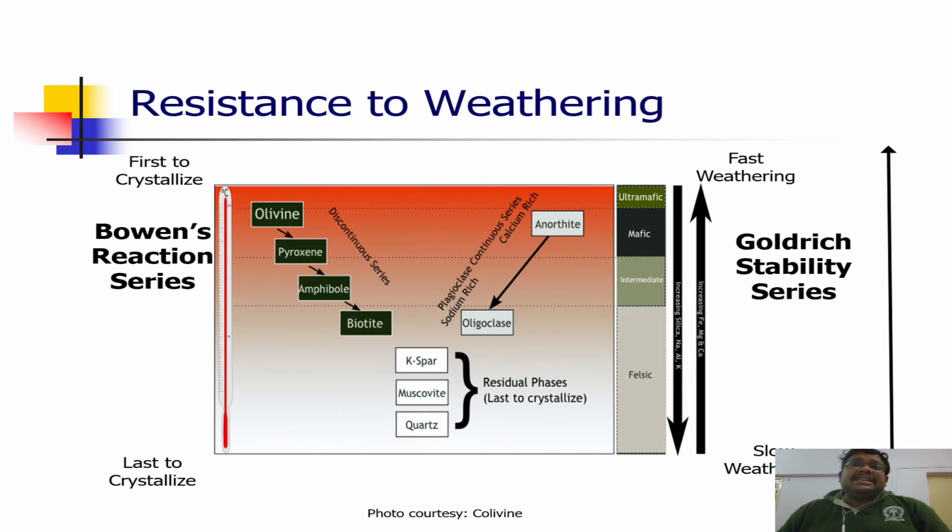So here we can see a sequence starting from olivine, then pyroxenes, amphiboles, biotites, potassium feldspars, muscovite, quartz. These are all primary minerals, right? These primary minerals are arranged here based on their sequence of crystallization from the molten magma.